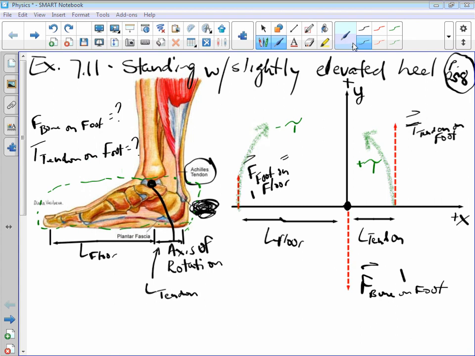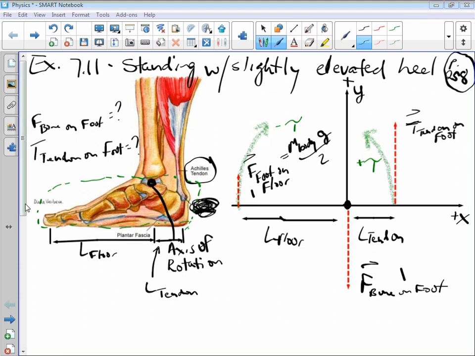It's going to be body weight for the most part, so mass of the body times gravity. Except this is one foot. You have two feet, so half your body weight should be on each foot. So we're going to say it's equal to those divided by 2.